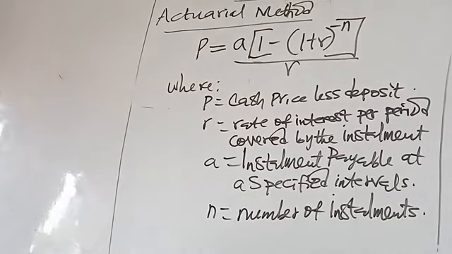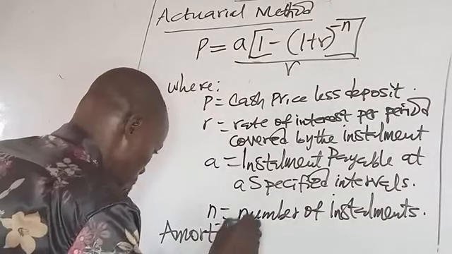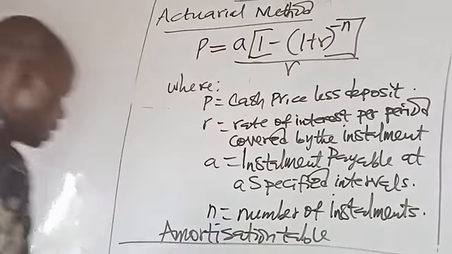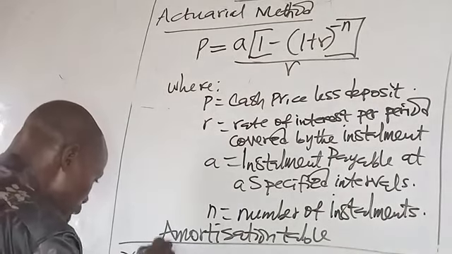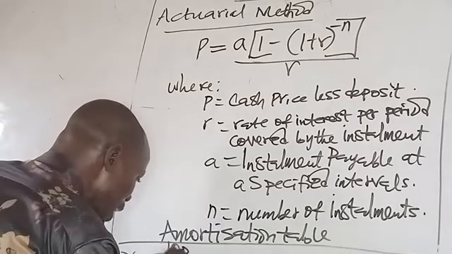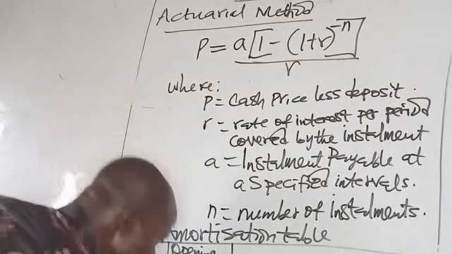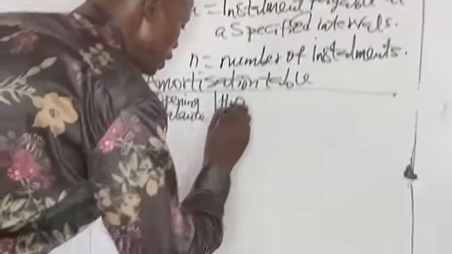So now you will need to set up an amortization table to calculate the hire purchase interest that will be recognized yearly. So let me have year one, your opening balance, finance charge or hire purchase interest, then you have the closing balance.